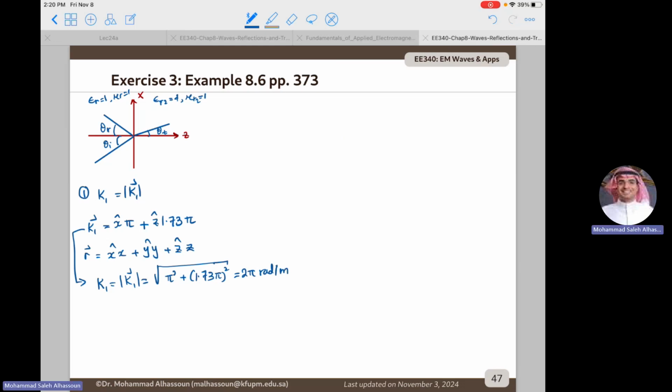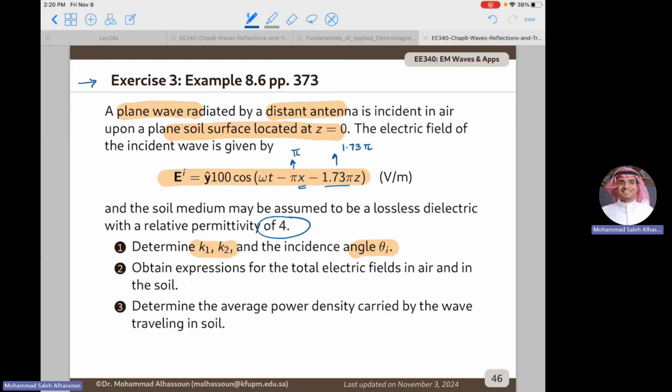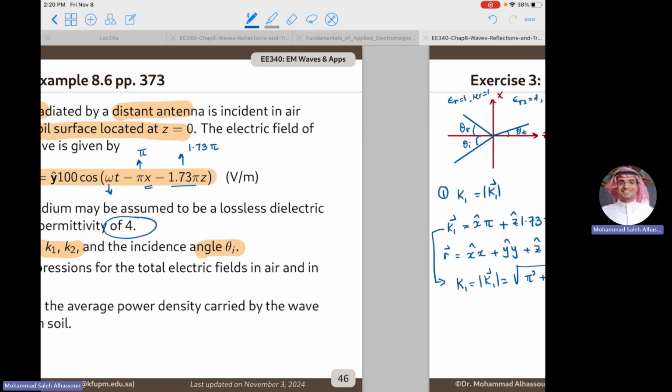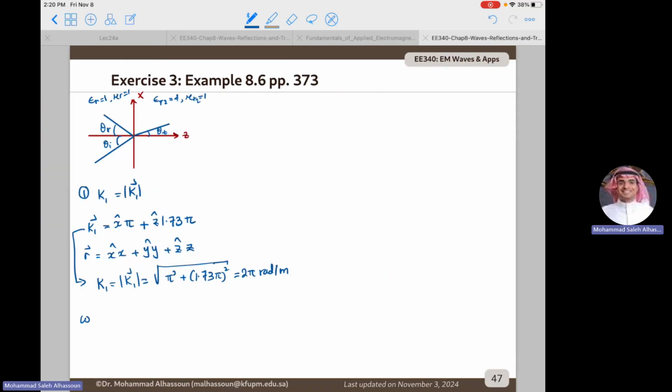So let's determine K2. We know for sure that one thing is fixed between medium 1 and medium 2, which is the frequency. Is the frequency given to us? No, it's not given to us, so let's compute it. We know that omega is nothing but K1 multiplied by the wave velocity.